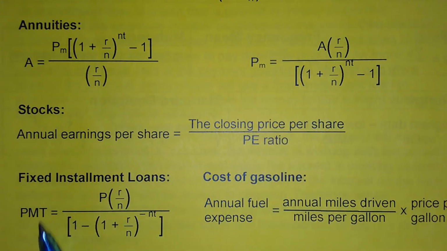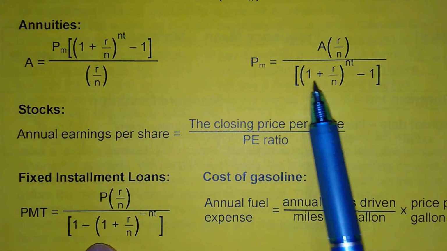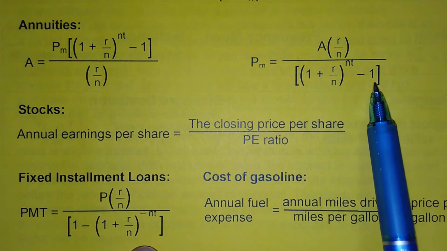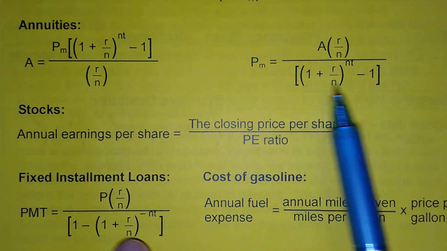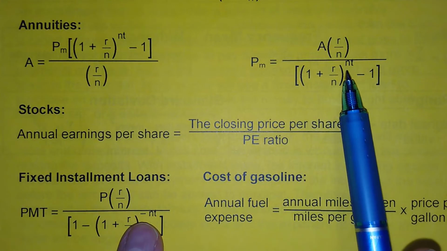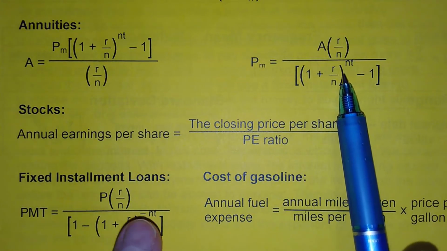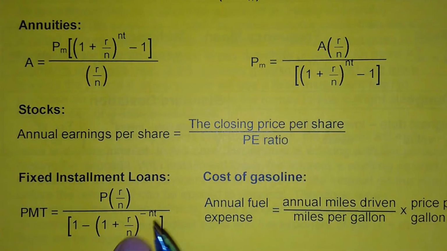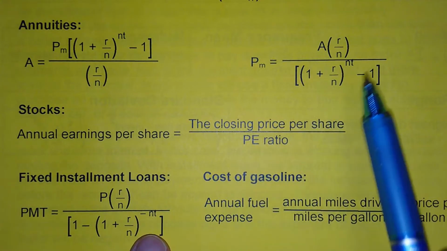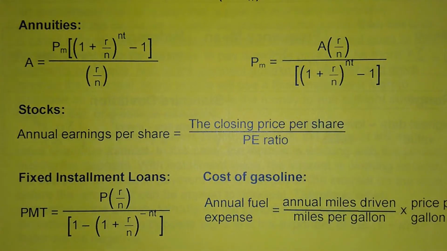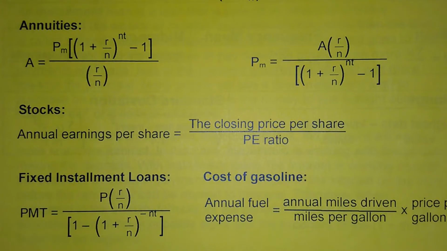And this is the fixed installment loan. Notice the denominator: these two terms are switched around. And also notice the sign on the exponent. Here, the sign is negative. That's because the interest is working against you. Here, with the annuity, the interest is working for you. So that's what they're talking about.